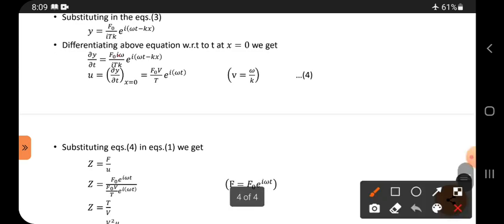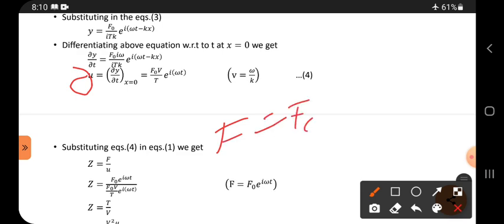And one more thing, omega by k is simply v. In the place of that v is substituted, then the formula finally is f naught v by T e power of i omega t. This is the u value, and the f value we already know, f is equal to f naught e power of i omega t.